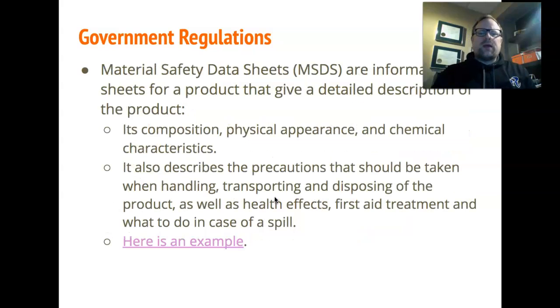The other thing that we can find for most products that are harmful, if not all products, is what's called a material safety data sheet, which you've probably heard of before. And these are information sheets. The best place to find them is to type in whatever chemical and then MSDS in Google, and you'll find access to a whole bunch of these different types of chemicals.